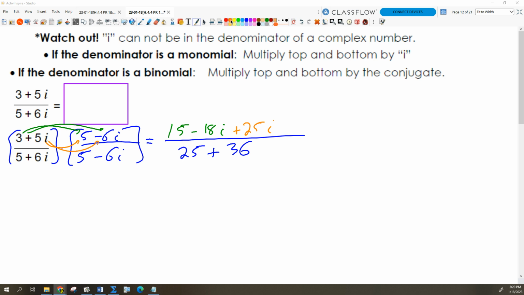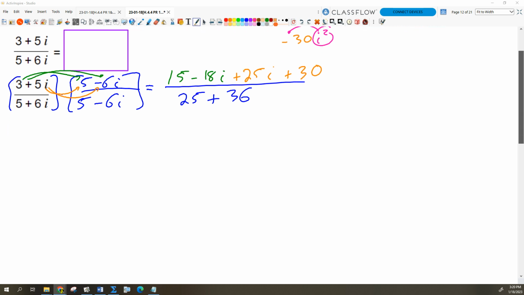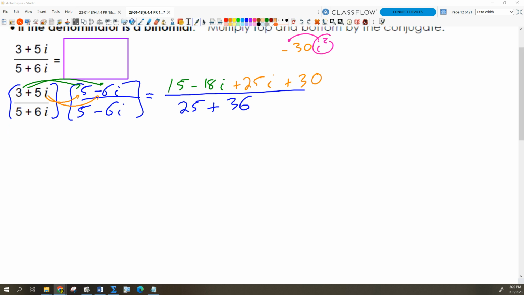Everybody get that? Minus 30i squared, which is plus 30, because it comes from a minus 30i squared. Okay, so then I would just have to combine like terms in the top and the bottom.